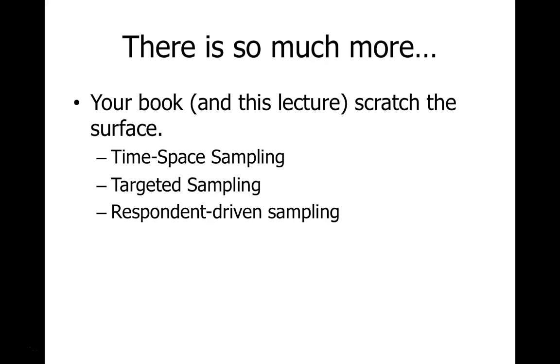Respondent-driven sampling is a situation in which every participant who comes in the door gets a certain number of numbered cards. And they can recruit their friends. They can give that card to somebody that they know who might be eligible for the study. And then if that person is eligible for the study and comes in and participates, then the referring participant gets, for example, $20 or whatever.